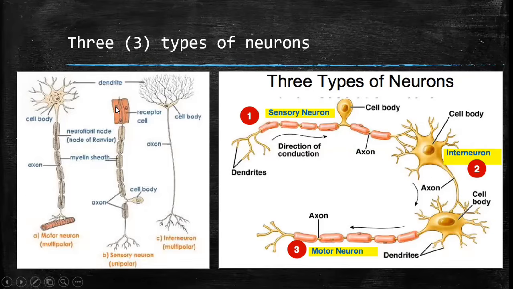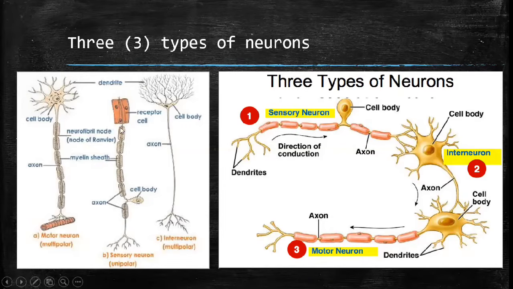Our sensory neuron transmits information from the receptor, which is this part here, maybe the fingertip. And then that information is converted into an impulse in the sensory neuron, and then is taken to the CNS for interpretation.